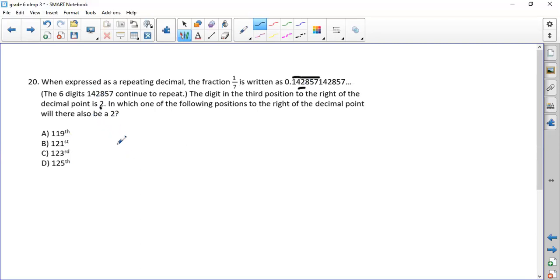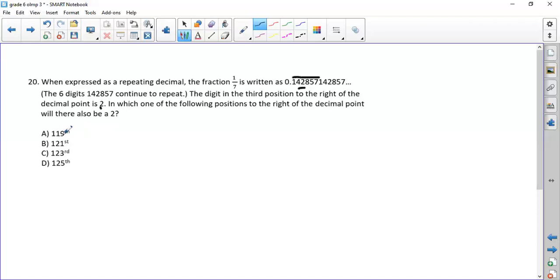So after each 6 digits, the number repeats. This means I have to divide each of these numbers by 6 and find the remainder. If the remainder is 3, it means this position will be 2. If the remainder is not 3, then this position won't show me a 2.